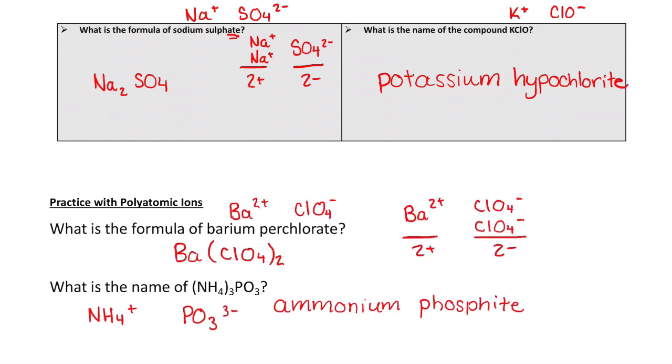Okay, so here are the answers to the 2 practice questions. So barium perchlorate, it's important that because we have 2 of these perchlorates, we have those brackets surrounding the ClO4. This is because that 2 applies to everything within the brackets.